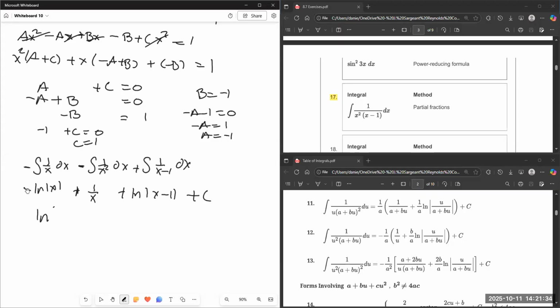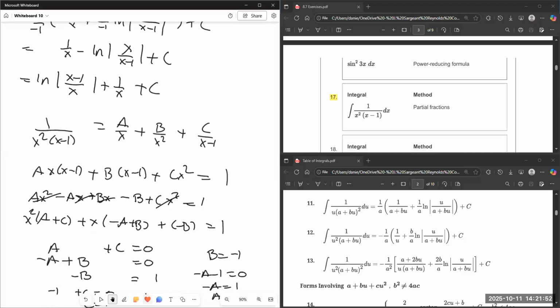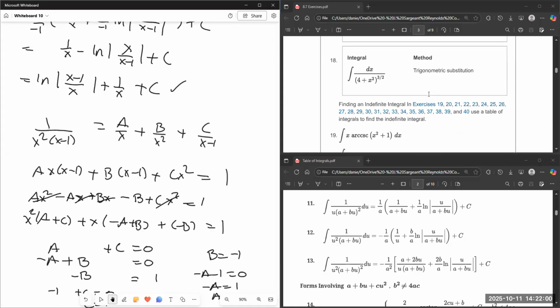So this can be ln x minus 1 over x, plus 1 over x, plus c, and this answer and this answer are the same. So let's move on now to number 21.